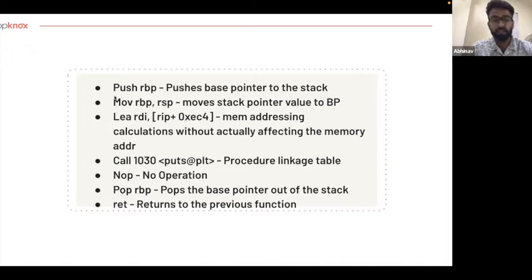The next instruction is move RBP, RSP. Move we have seen earlier; it moves the value of the second argument into the first argument. So the contents of the stack pointer, which is the top of the stack, are now moved to the base pointer.